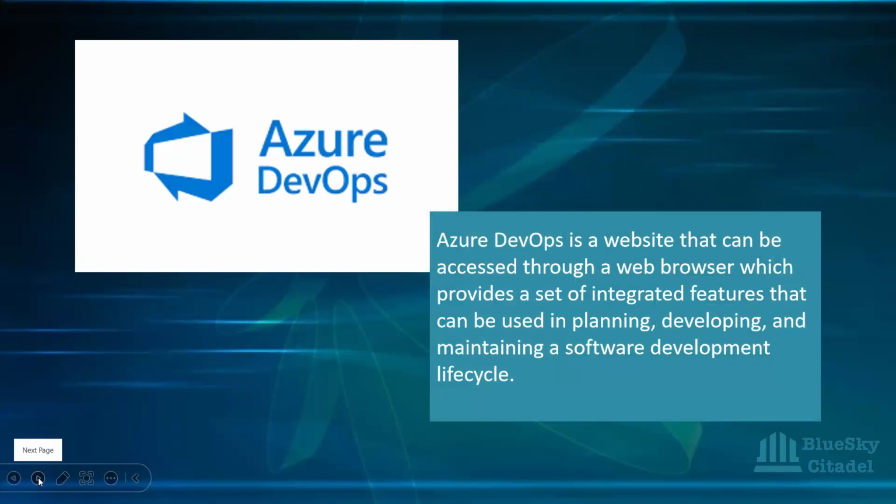Okay, so Azure DevOps is a cloud computing application owned by Microsoft, a website that can be accessed through a web browser, which provides a set of integrated features that can be used in planning, developing and maintaining a software development lifecycle.